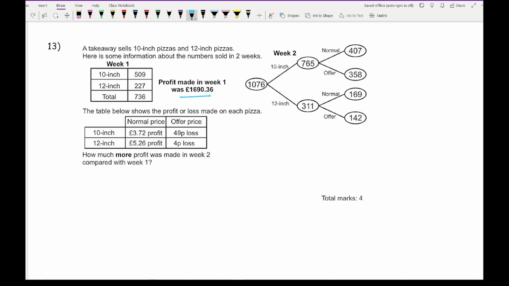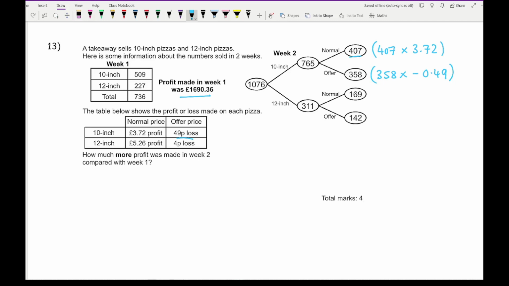So for this, we're looking at 10-inch pizzas. Now for the normal price, we've sold 407. So this is going to be 407 times 3.72. Then for the offer, they've lost 49 pence, so I need to do 358 multiplied by minus 0.49 because it's a loss.